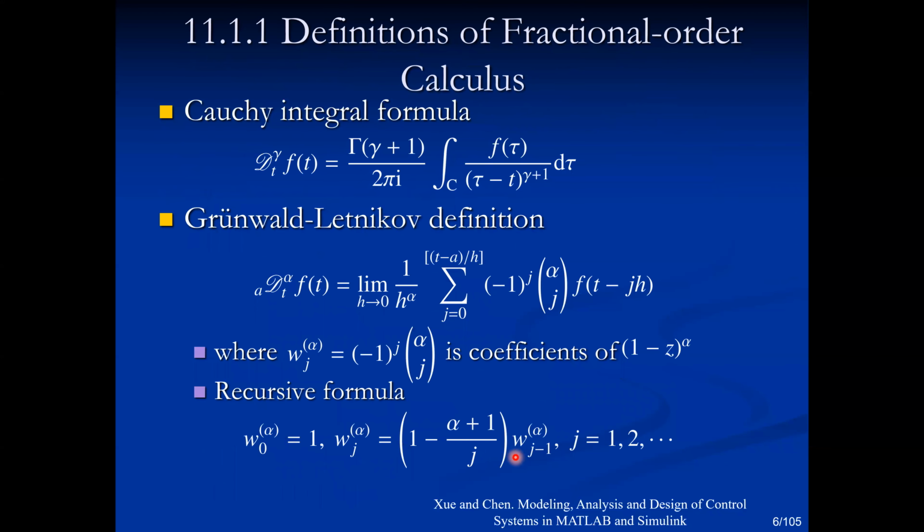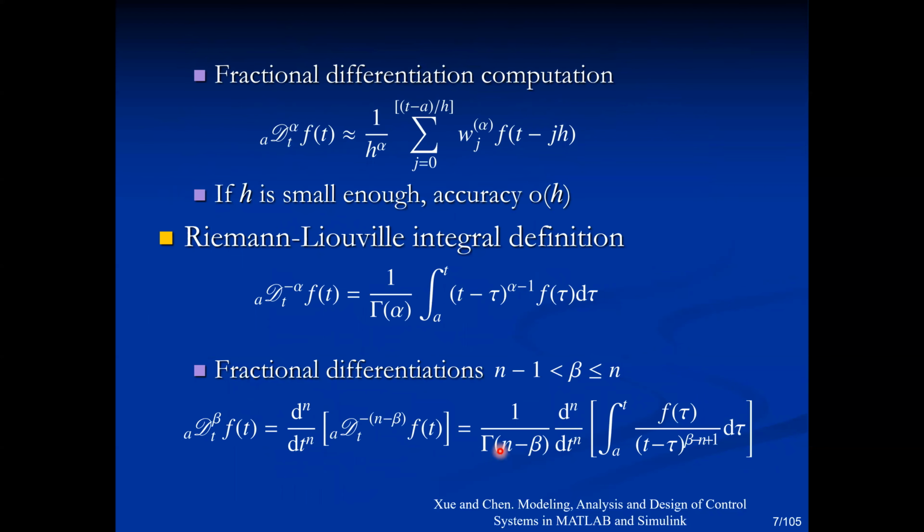So this is a Cauchy integral form, Grünwald-Letnikov form. This is just simply like our finite difference type of definition, okay? And interestingly, all the coefficients can be recursively expanded.